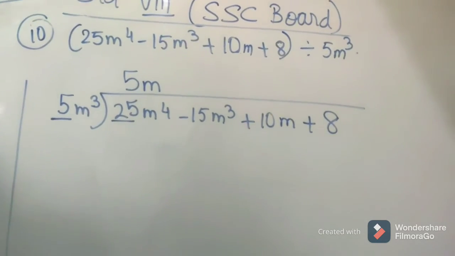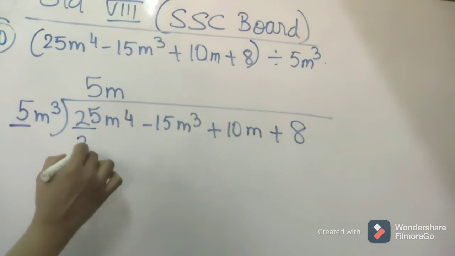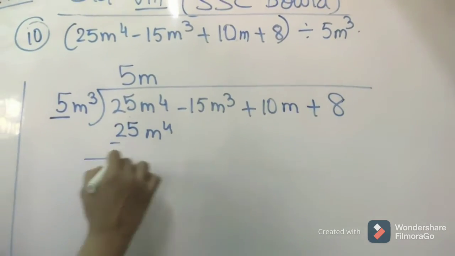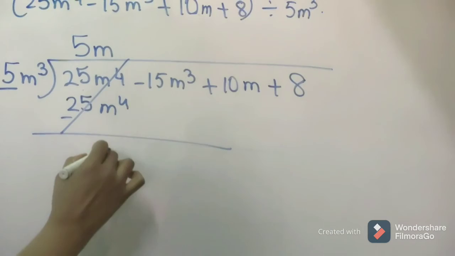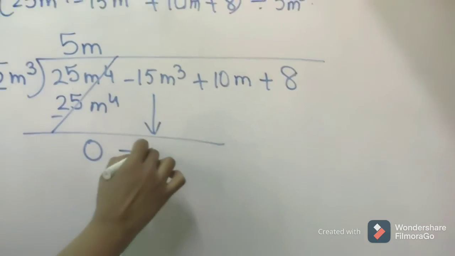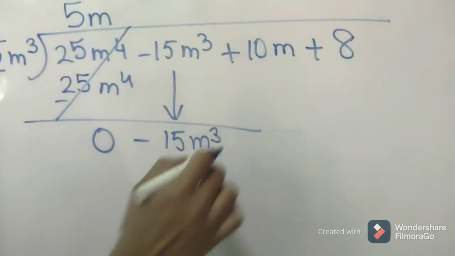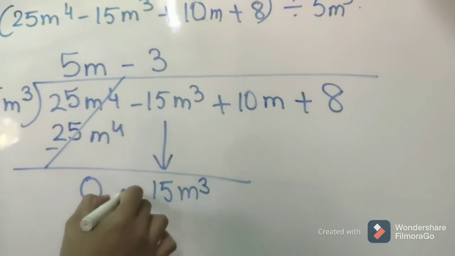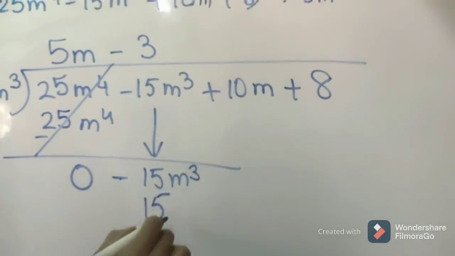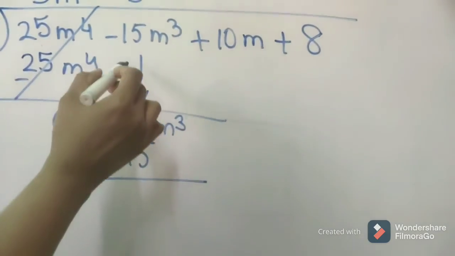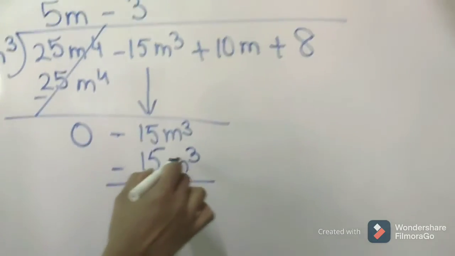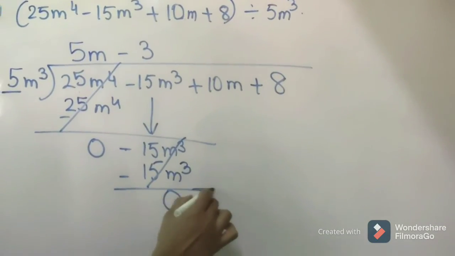So I'll divide by 1, that is the index I'm talking about. 25m4, change the sign, this gets cancelled, I get a 0, and the next term comes down, that is 15m cube. In 5's table 15 goes 3 times, there's a minus sign, so I've put a minus sign already, and cube gets cancelled, so no need to write any m here. This will get cancelled, this becomes 0.